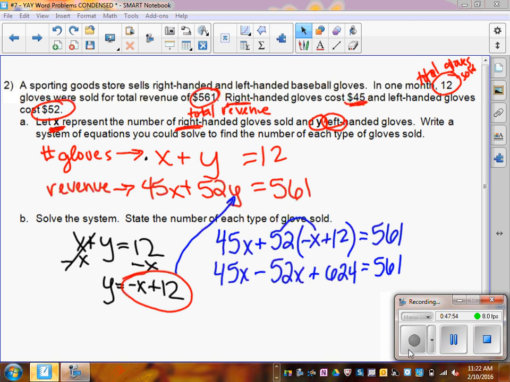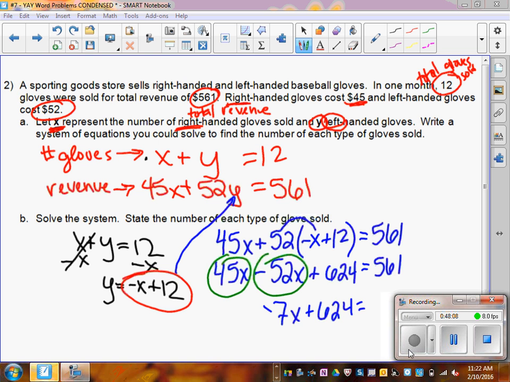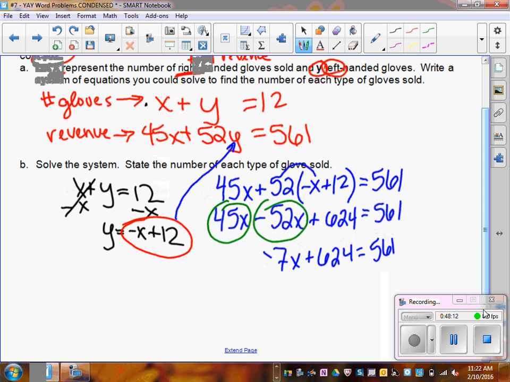Okay, so we can combine like terms here. 45 minus 52. All right, so that would be what? Negative 7x plus 624 equals 561. Then subtract my 624.